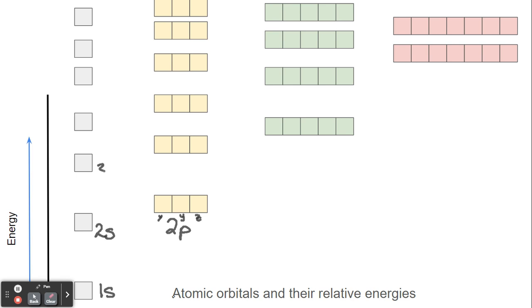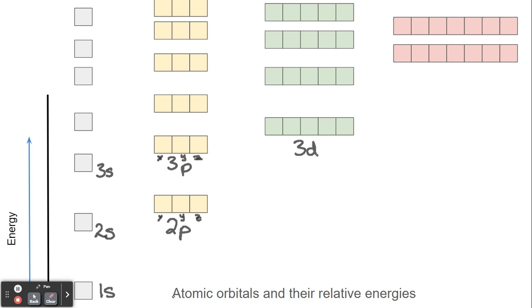Then up here, we've got 3s, so n is equal to 3. Here we've got n equals 3 and l equals 1. Remember that that would be 3 possible values of m_l. So this is all 3p orbitals. What comes after p?